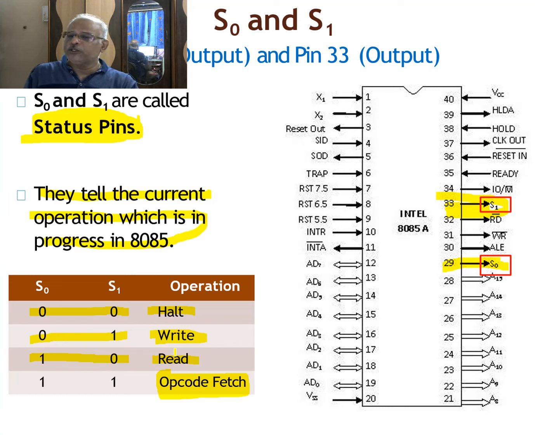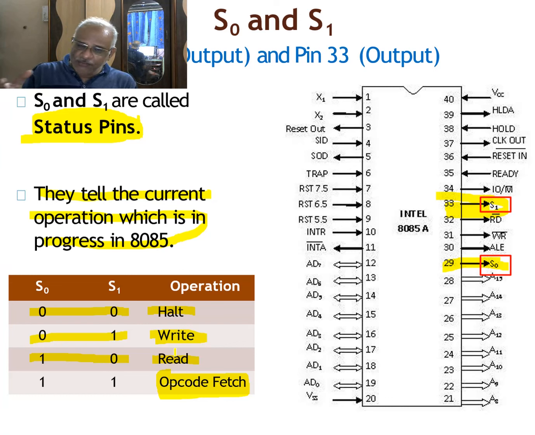So the microprocessor will go to the memory with the help of the address bus, the 16-bit address bus. It will open that memory location, the address of that memory location, and it will fetch that operation code. That operation code will go into the microprocessor, and how it works, we will see in detail. But remember that the microprocessor needs to fetch the operation code from the memory location.